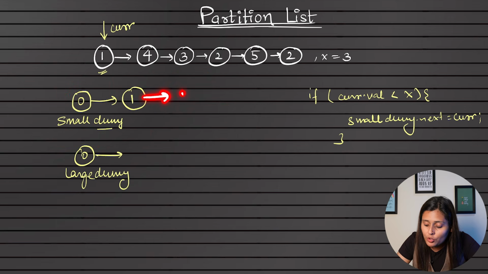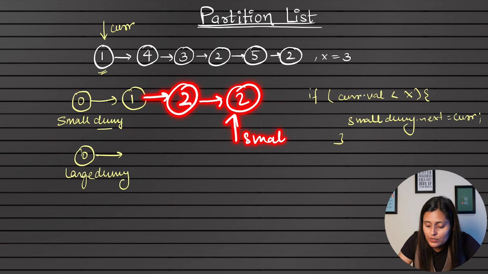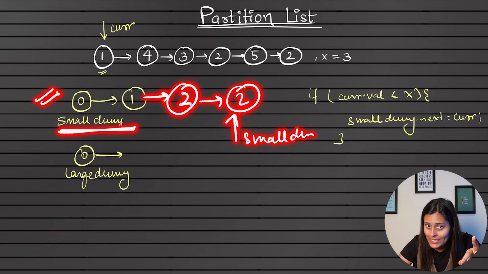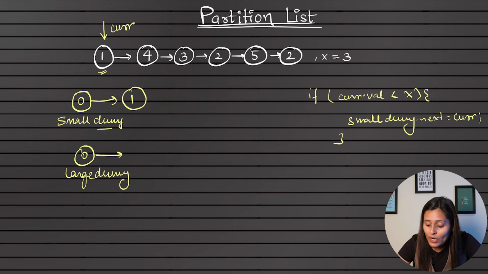Next time we will add 2, next time we will add 2, and suppose small dummy will point to this. Then how can we read the linked list from here? So to read the linked list from the head, it is very important to keep a node at that same point, and to iterate again make a new alias, correct? So what I am saying, small dummy and large dummy can be our dummy nodes, okay.